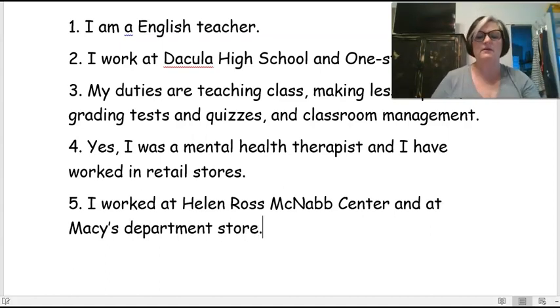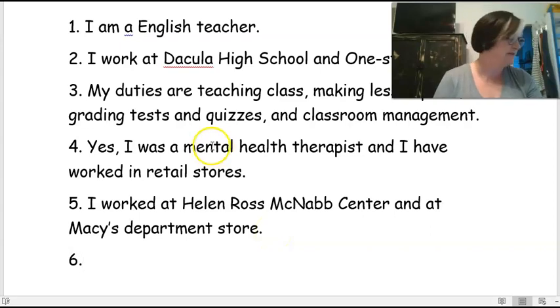Okay, so see how we used the capital letters for the names of the places, Helen Ross McNabb Center and Macy's department store. We're going to capitalize those because those are actual names of places.